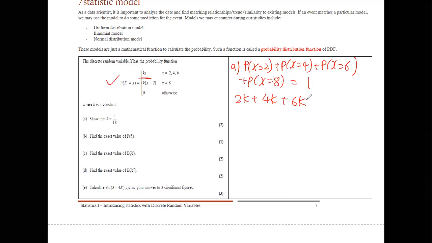For x equals 8, I must use the second one accordingly. So this will be plus 6k. All right. So if I add everything together, this will be 18k equals 1. So k equals 1 over 18.